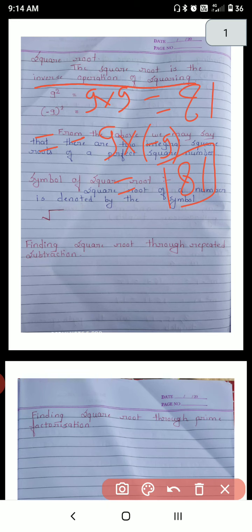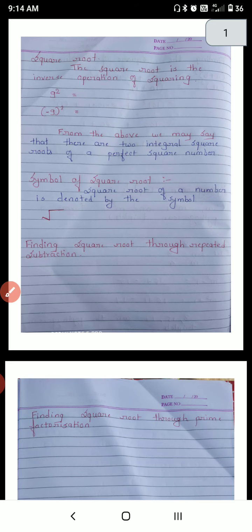So from here you can understand that whether you are finding the square of a positive number or a negative number, the square of both is always positive. Here 81 is positive, here again 81 is positive. So remember that the square of a negative number and a positive number is always positive.